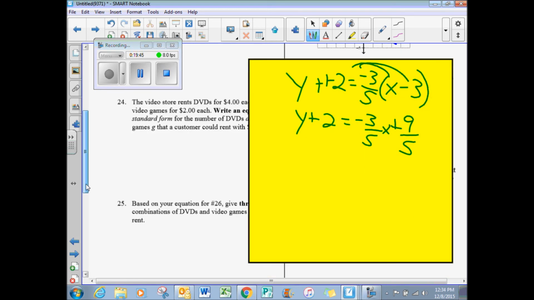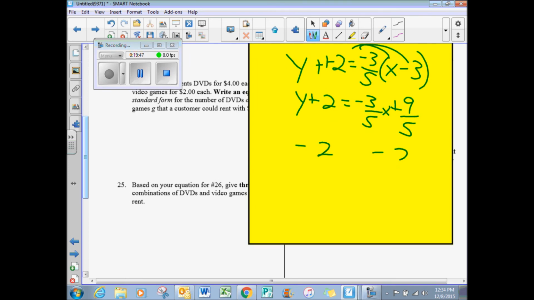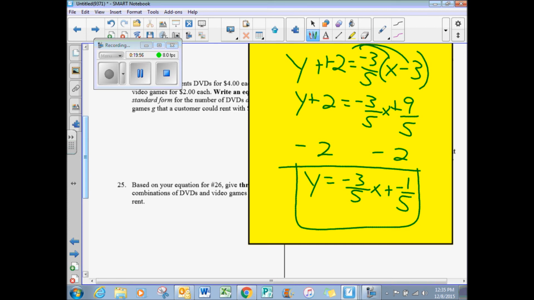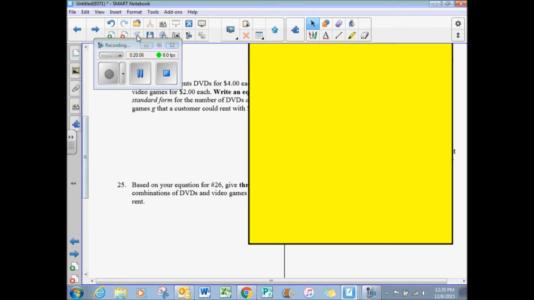And then I just have to subtract 2 from both sides. And y equals -3/5 x plus a -1/5. Because that's 1 4/5 plus the -2 is -1/5. Good? Okay.